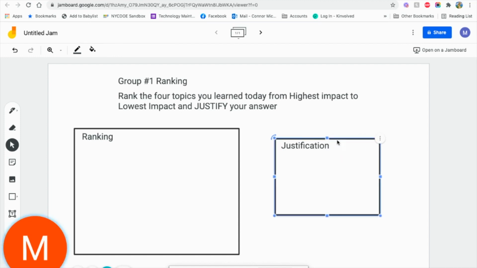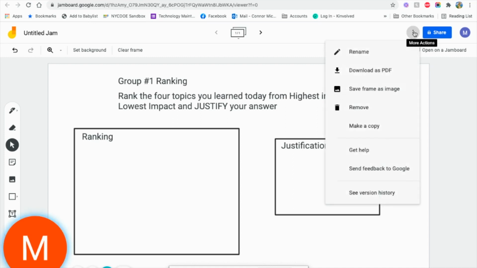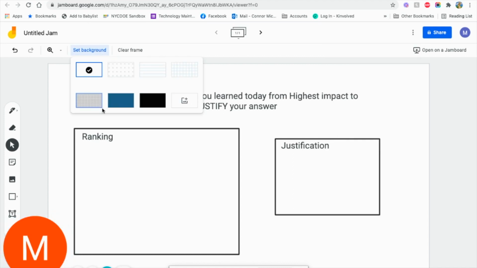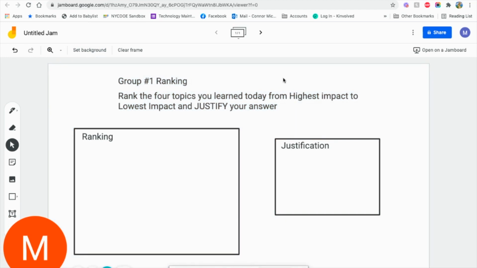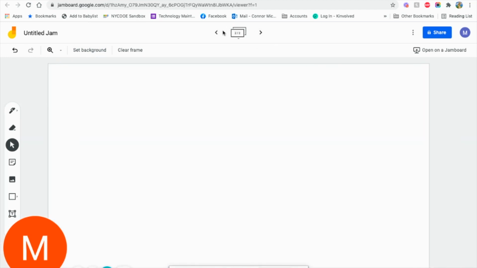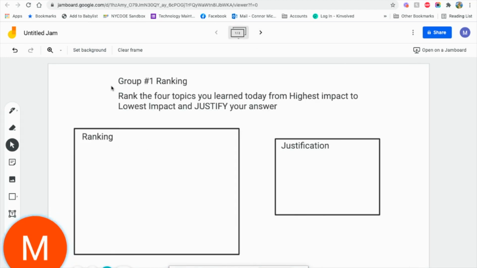Again, we can make this bigger. If you're here, you could set a background if you want to have a background for them. Change the colors, it doesn't matter. And then you can copy this slide and move it over, so you have one for each group.